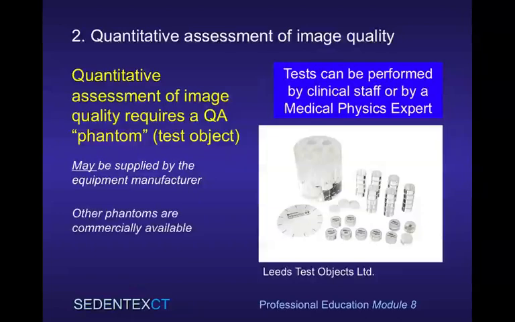Other phantoms are commercially available. This includes the phantom produced by Leeds Test Objects Limited and developed as part of the Sydentex CT project. Phantoms for conventional CT equipment are not ideal for cone beam CT quality assurance processes.